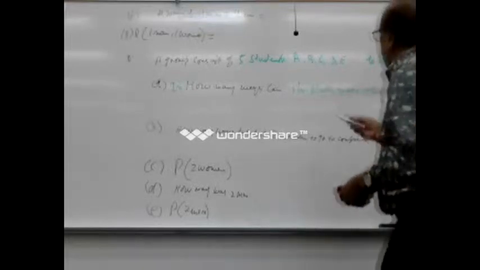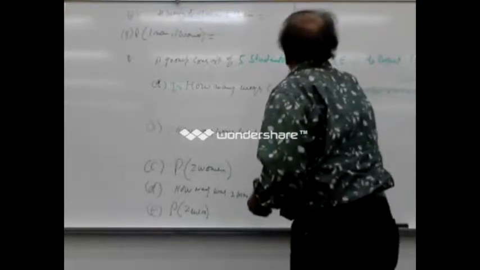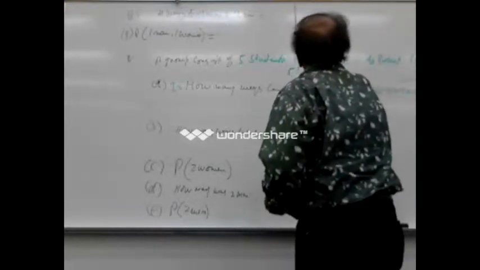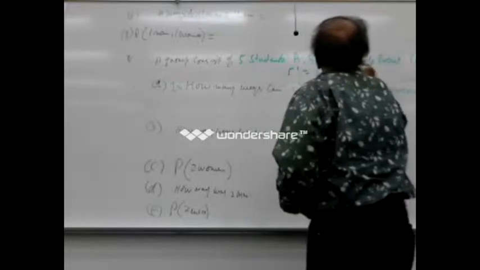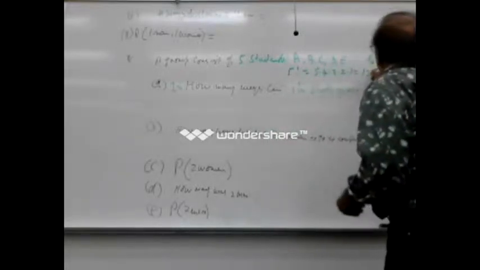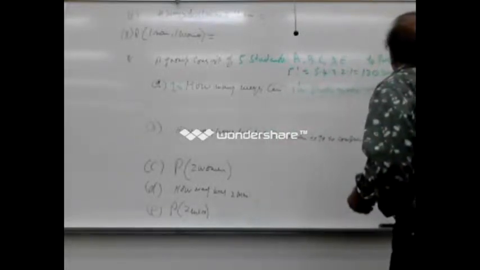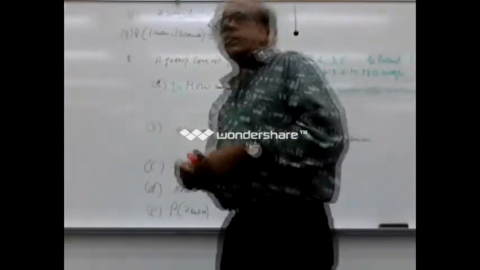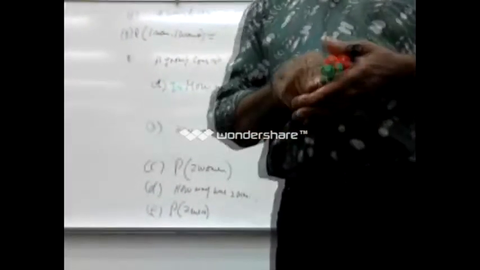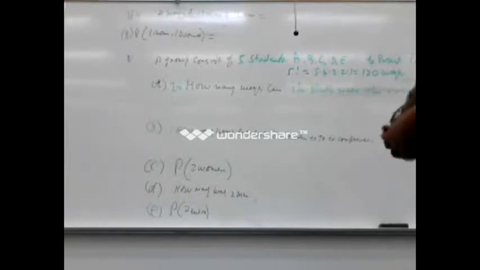So the number of ways they can make the presentation will be equal to 5 factorial, which is 5 times 4 times 3 times 2 times 1, which is equal to 120 ways. So if you have 5 students to present, the number of ways they can make the presentation would be 5 factorial, which is 120 ways. All right? So this one here involves permutation.